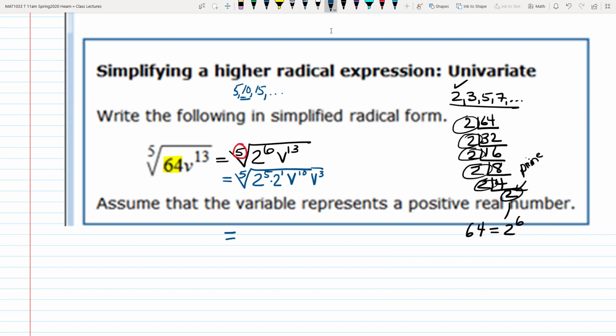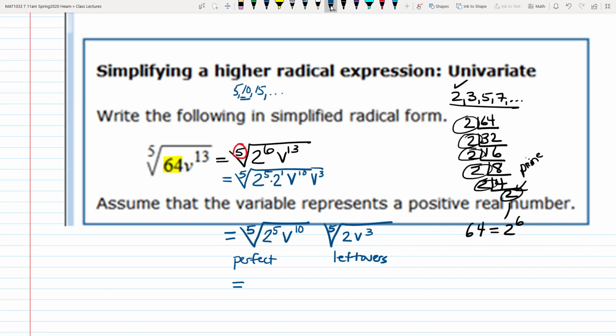All right, now I'm going to break apart my radical into my perfect powers of 5 and my leftovers. So for 2 to the 5th power, that power is divisible by 5 for sure, but 2 to the 1st is not, so I'm going to write a 2 over here. V to the 10th, we by design have made it so its exponent is divisible by 5, and v to the 3rd, not so much. All right, so now we can go ahead and take the 5th root of these perfect 5th powers.